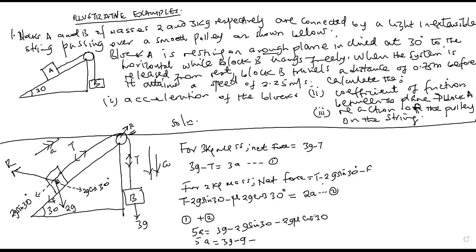Then cos 30 is √3/2, where the √3 will be left with the g mu √3. If I call this my equation 3.